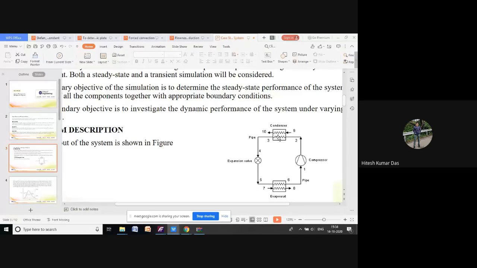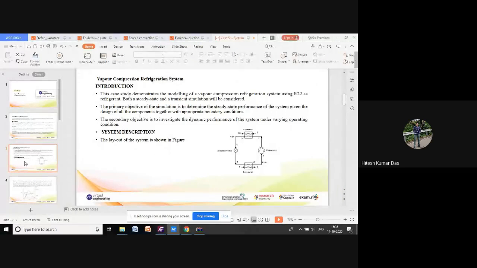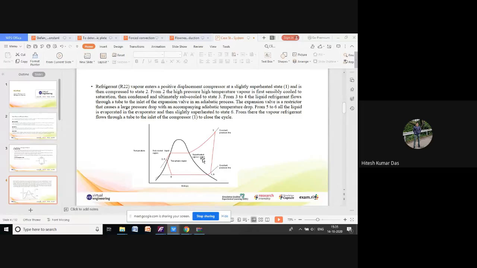Then 3 to 4 is isoenthalpic expansion, which happens in the capillary tube or expansion valve. Next the evaporator. In the evaporator, heat will be added at constant pressure. So this is the cycle.